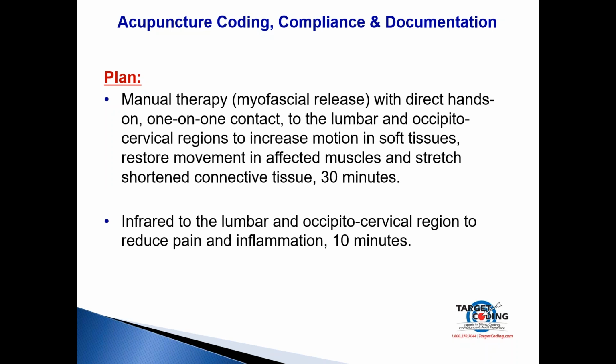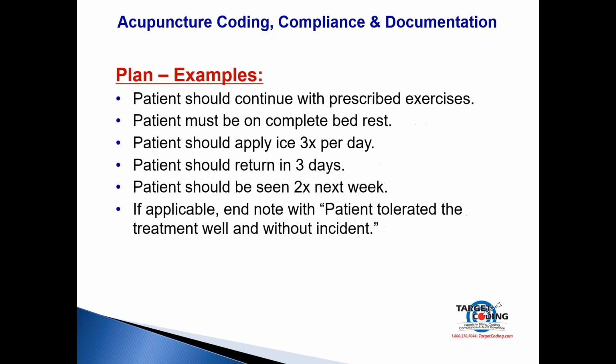Manual therapy, myofascial release with direct hands-on, one-on-one contact to the lumbar and occipital cervical regions, 30 minutes. Infrared to the lumbar and occipital cervical region to reduce pain and inflammation, 10 minutes. So these are just some examples of the SOAP notes that you should have. Patient should be on complete bed rest, apply ice, tolerated the treatment well.